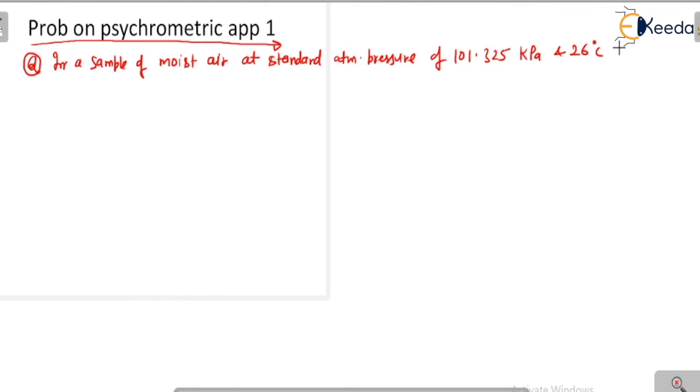the partial pressure of water vapor is 1.344 kilopascal.